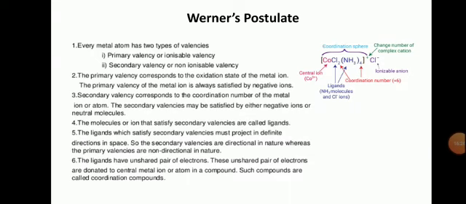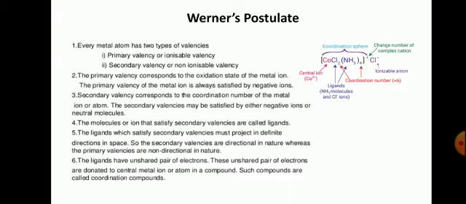Alfred Werner further explained the coordination compound. He helped us understand how this coordination compound looks and how it forms bonds. The first thing that Werner proposed was, unlike normal covalent compounds, here the central atom has two valencies. In a normal covalent compound, the central atom has only one valency.